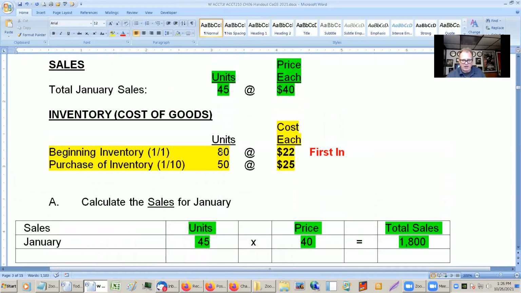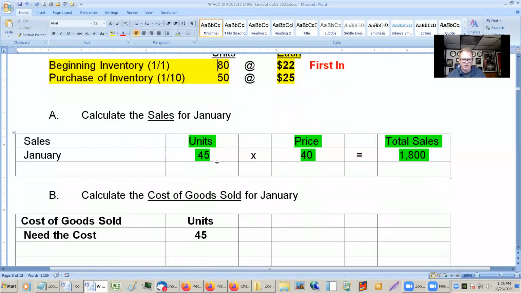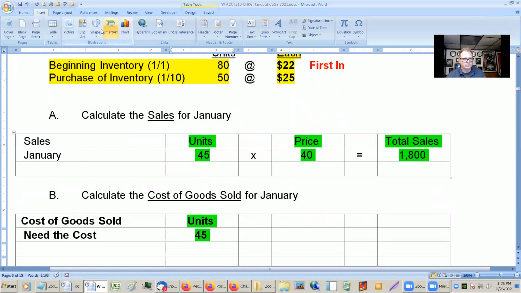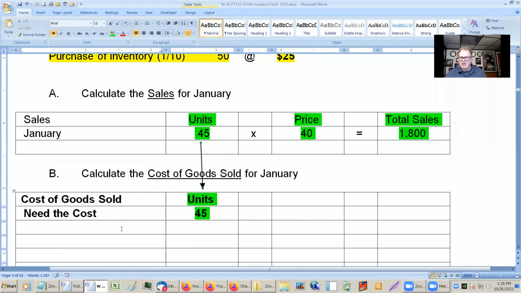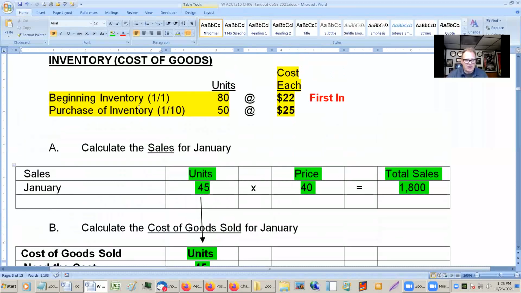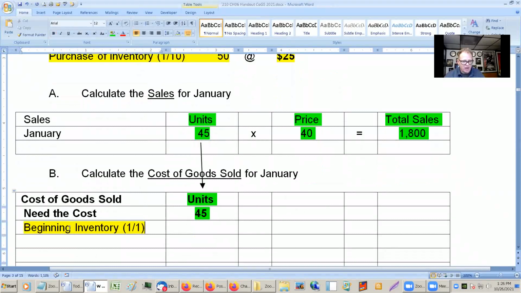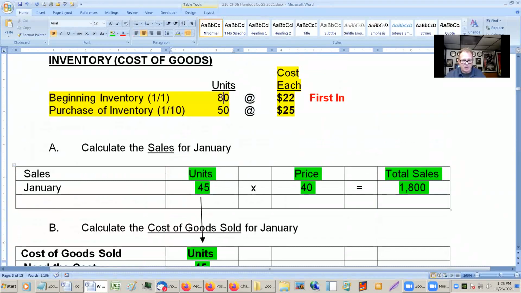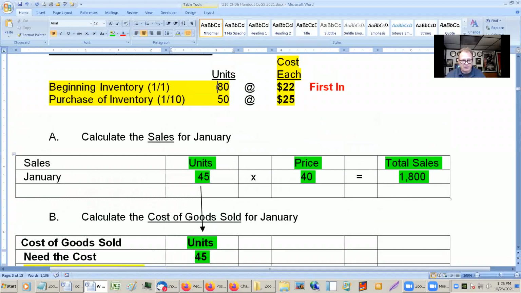Now, are we going to take all 80 for the cost? No, 45. 45, good. This part hasn't changed. We have to go to the layers and see what we can get. We'll take the beginning inventory on 1-1, and there's 80 in there. We only need 45, so we can take all 45 out of that first layer.